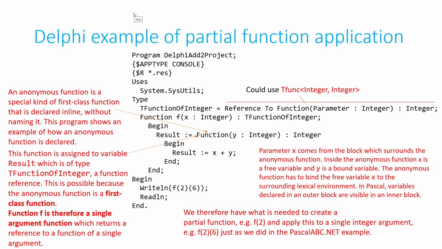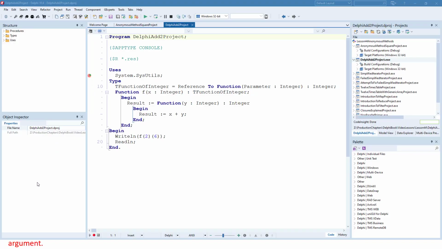Okay, so next we need to run this program and demonstrate that indeed we get 8 as a result of running this program. Here we are in the IDE for Delphi 10.4.